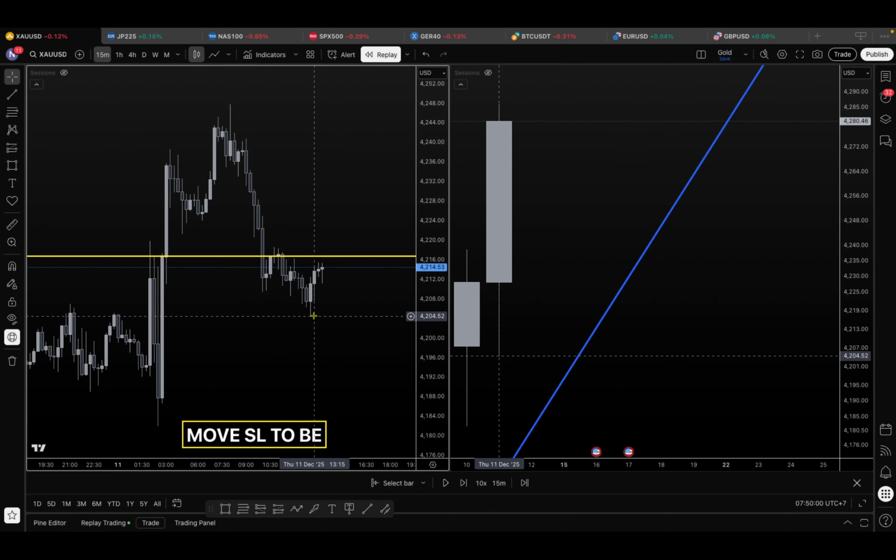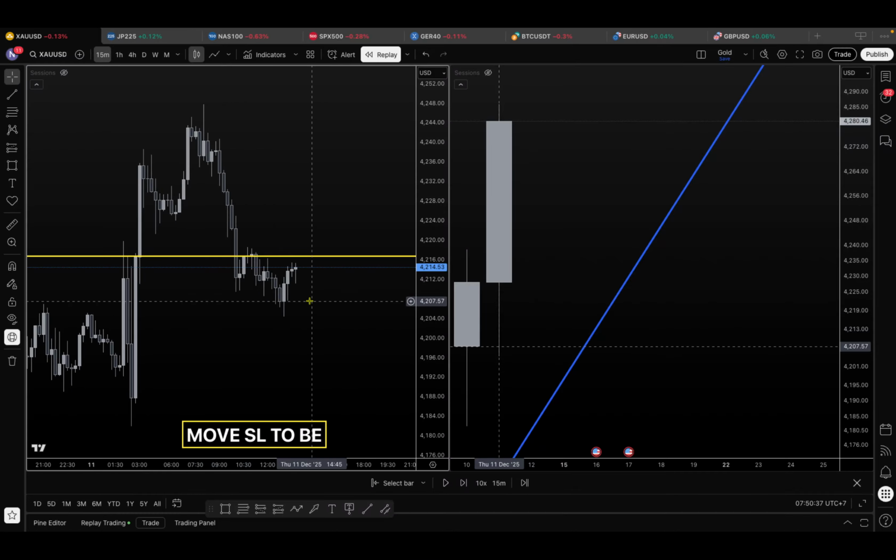So I am confident to say that the price was in a downtrend on the 15 minute time frame at that time, right?